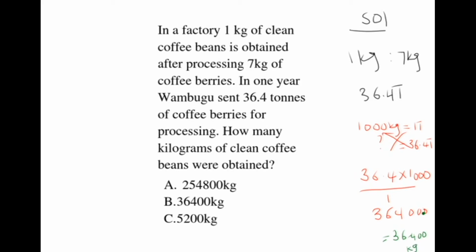Then from there we are asked how many kilograms of clean coffee beans were obtained, and here we know that in every 7 kilograms we get 1 kilogram of clean coffee beans. Therefore, divide that 36,400 divided by 7.